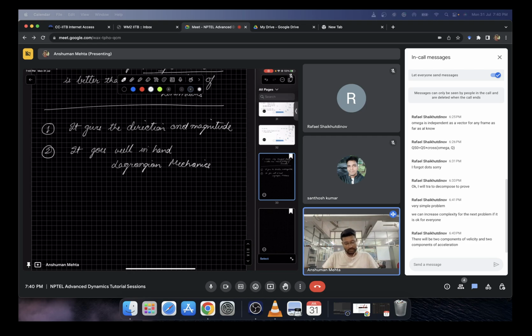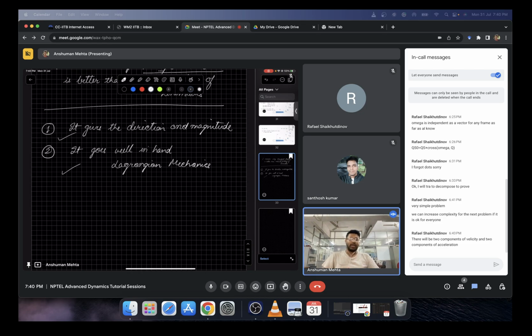So what does this transport theorem do? It converts everything into that stationary frame. So I don't have to take care of, oh, from this also the force will come, from that also the force will come. So it goes very well with Lagrangian mechanics, and it's a scientific way.